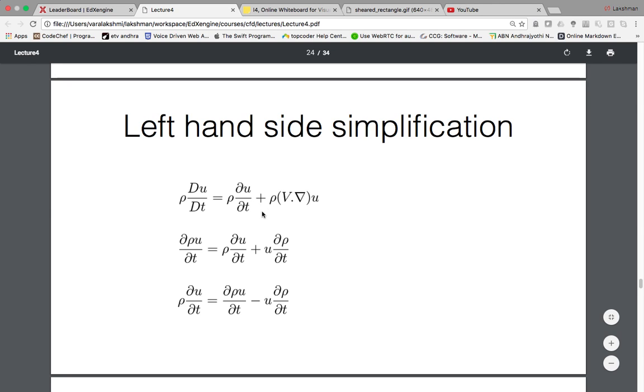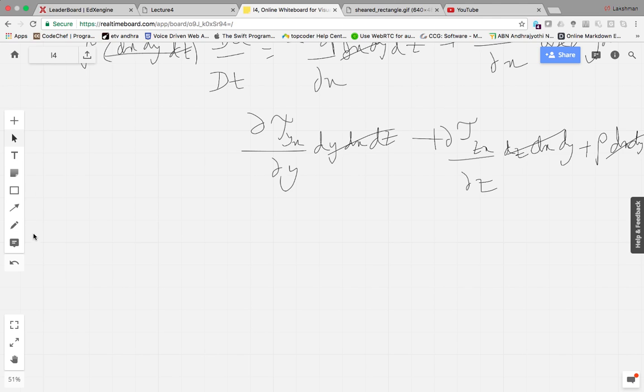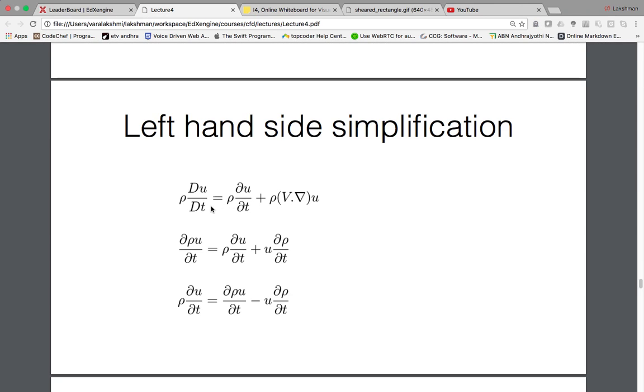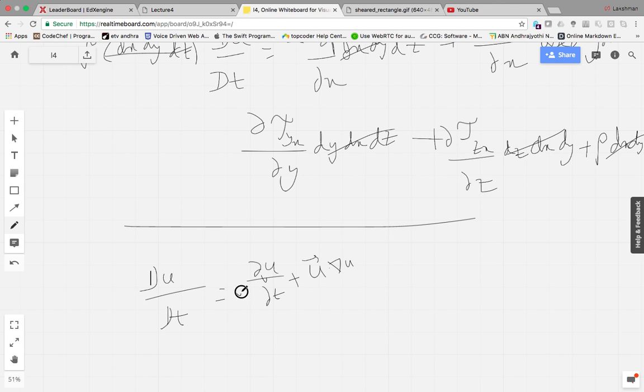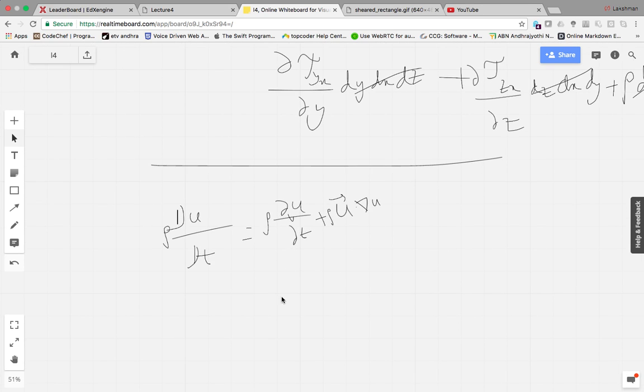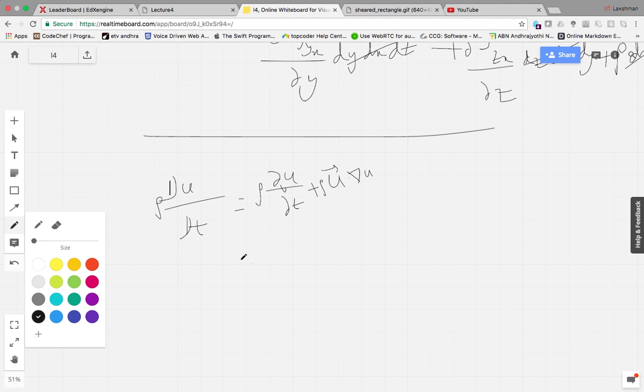So how can we do that? We know Du by Dt is equal to del u by del t plus V dot grad u. I should not remove rho, I should write rho, because that is the exact term, and without that we won't get the conservative form.